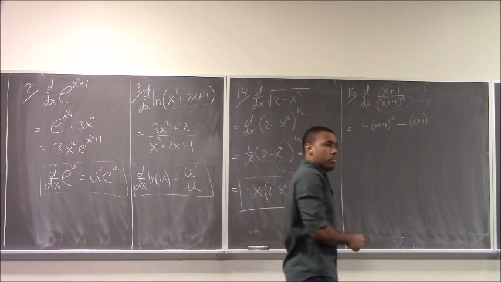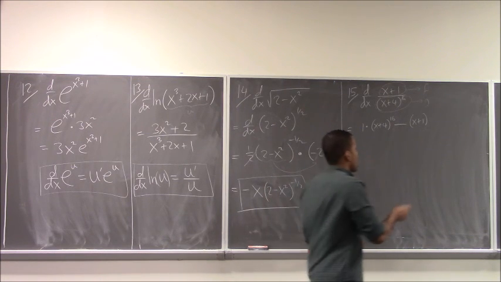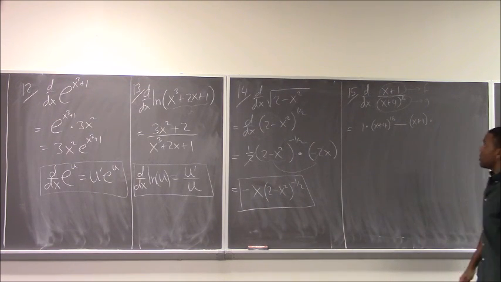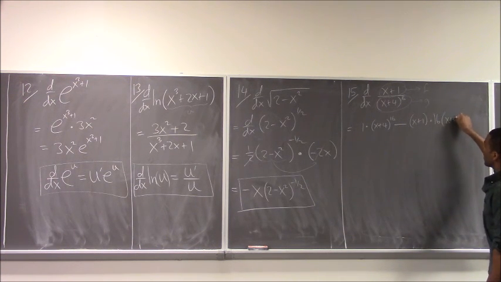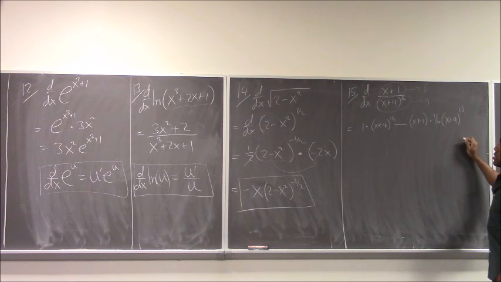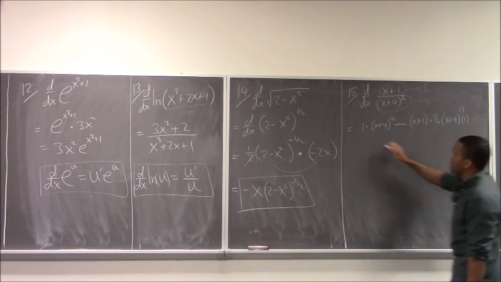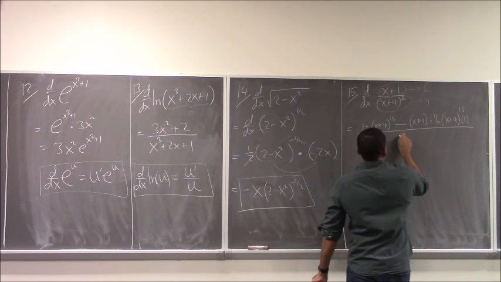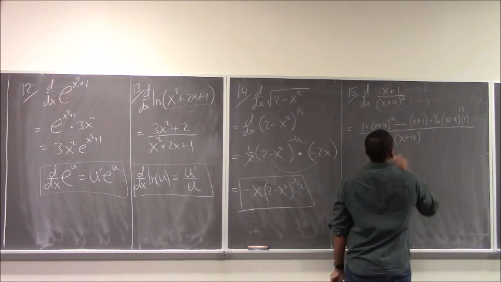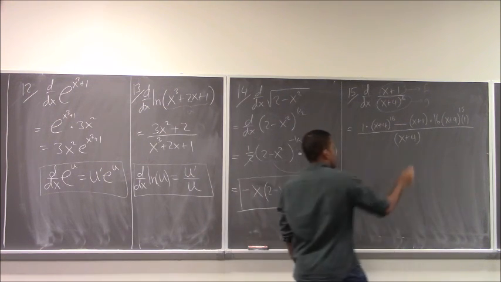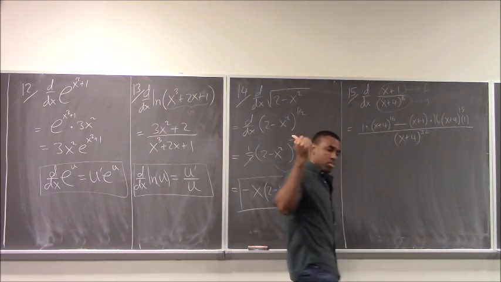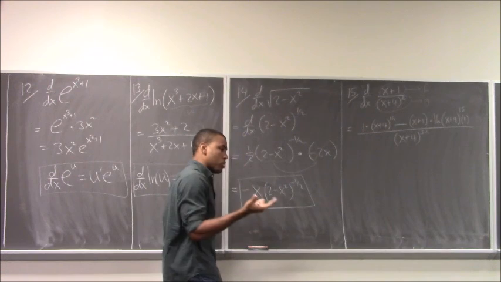What's g prime? Chain rule. So what does it become here? 16 times x plus 4 to the 15, times 1. What's x plus 4 to the 16 squared? x plus 4 to the 32, right? Going back to that previous example, you raise one thing to a power, you multiply the power.